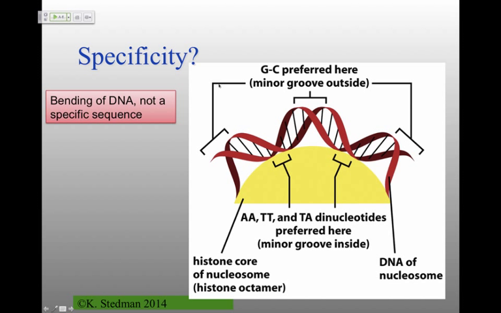And what that easier DNA to wrap is, if you have these AT base pairs, which are in the minor groove on the inside of your nucleosome.